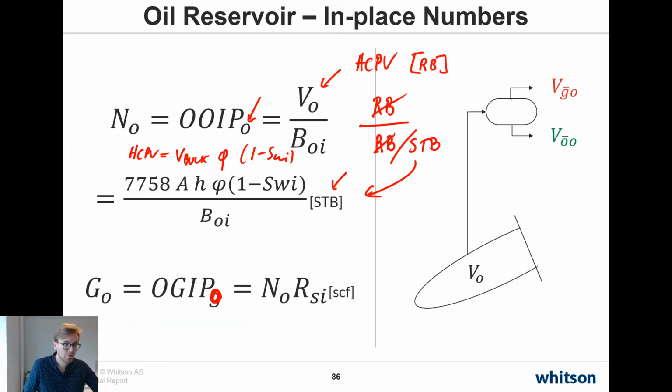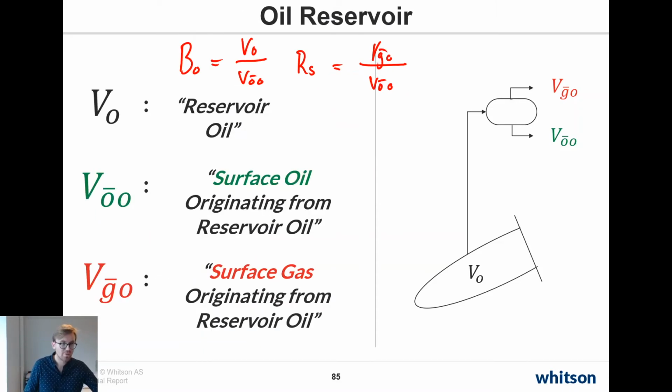Here the so-called G_O, or the original gas in place originating from the reservoir oil phase, is just equal to the oil in place from the reservoir oil phase. So this is the same guy as this up here. Then we multiply by the solution GOR, so the in situ solution GOR. It's a very simple calculation, which we again saw the definition of here.